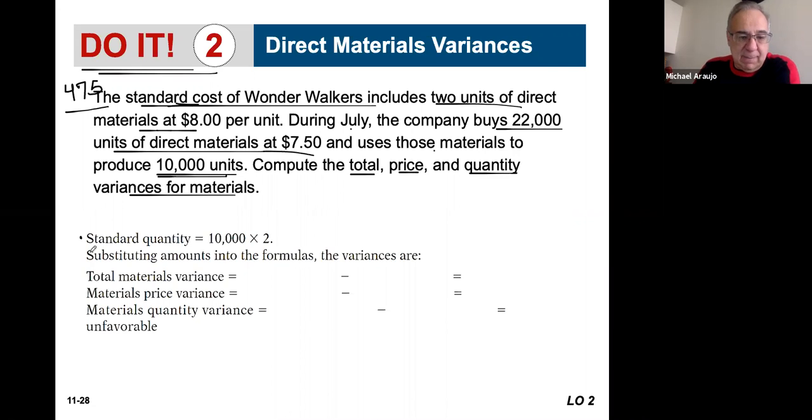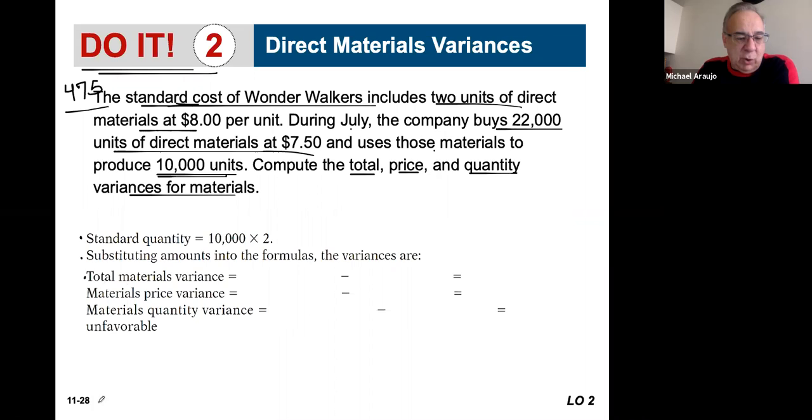Now we start looking at some differences. When you start substituting the amounts into the formulas that we just looked at in the previous chart, let's take a look at what those variances are. First, the total materials, and then we'll look at the material price and material quantity separately.